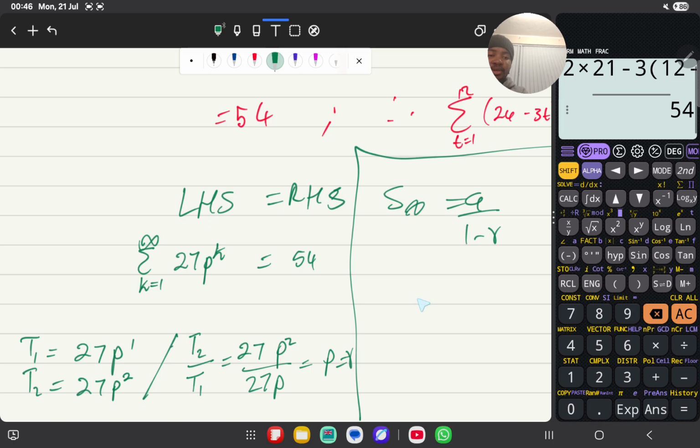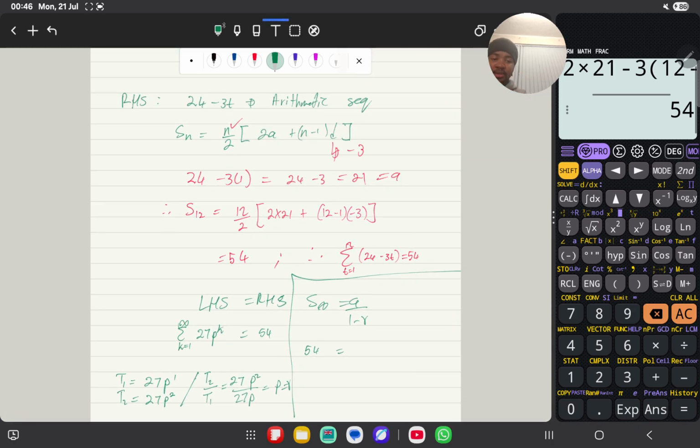So that means you have 54, because that is the sum to infinity, then A, that is 27p, over 1 minus r, which is p.